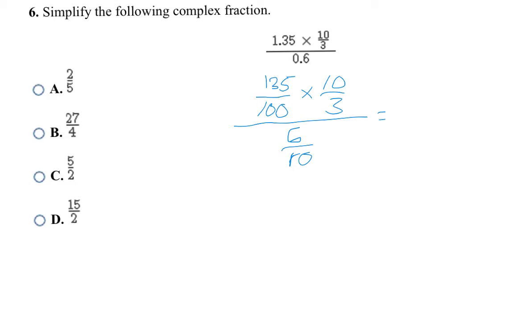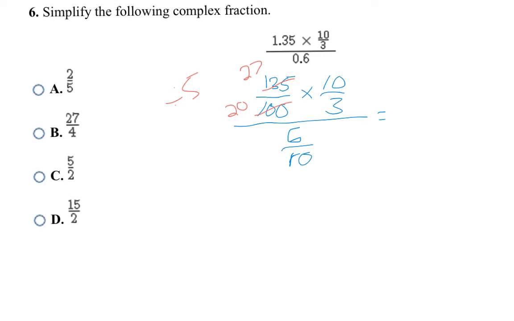And so I'm going to go ahead and simplify this first fraction by dividing a 5 out of both the top and the bottom, just to make it a little smaller and easier to work with. So 135 divided by 5 is 27, and then 100 divided by 5 is 20.